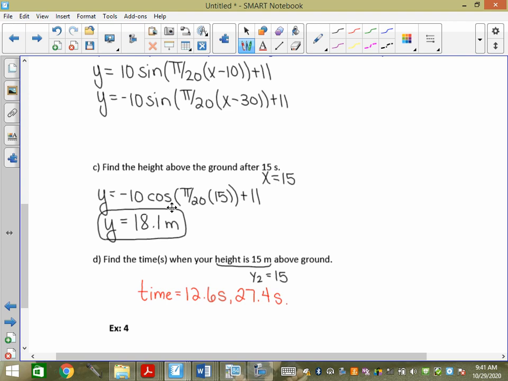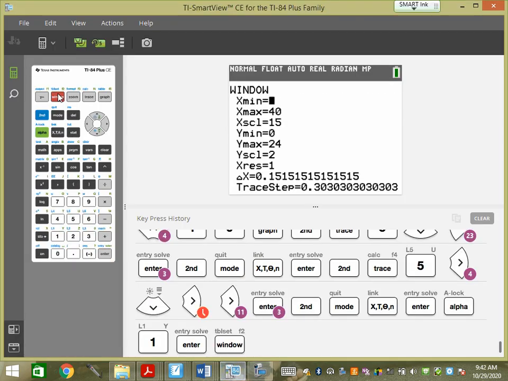Once again, you'd say find the time when the height is 15 meters above the ground. The times where the height is 15 meters above the ground are 12.6 seconds and 27.4 seconds. This would also have to be specified, like in the first 40 seconds. If they said in 2 revolutions, we would actually have to go to our window and make this be 80.